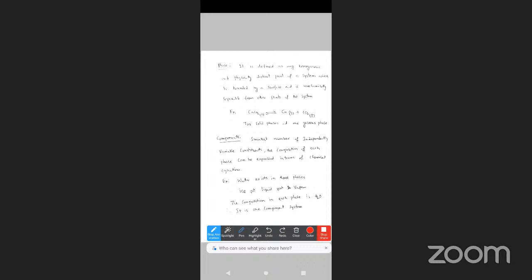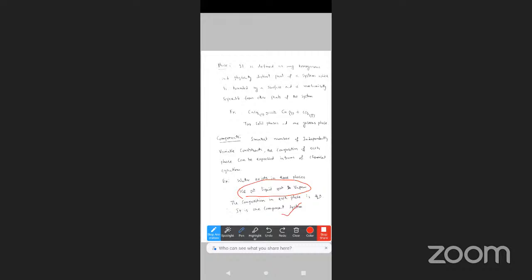And if you observe, the composition in each phase is water only. There is no change in composition of water. Simply what is changing, the phase is changing. So hence in all these three phases, it consists only one component.